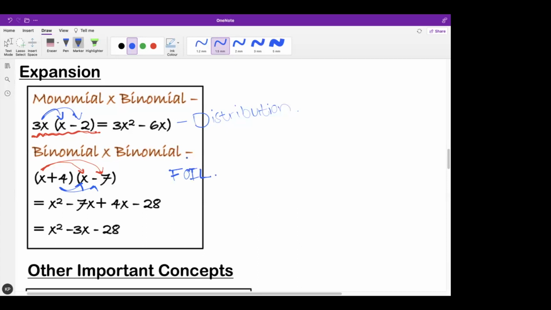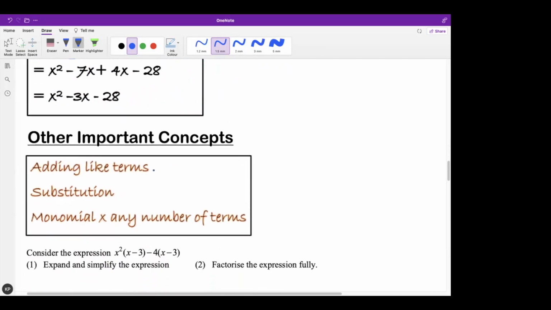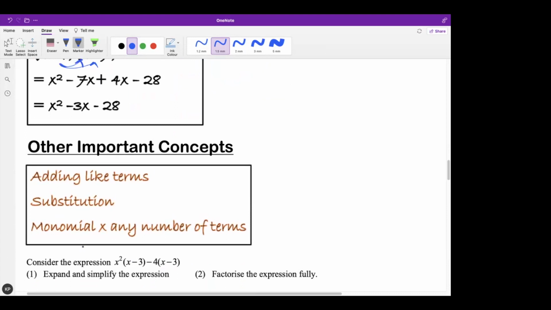All right. Then let's go through other important concepts that we have already spoken about. Of course, we spoke about adding like terms. And just to remind ourselves, like terms have the same what and what?